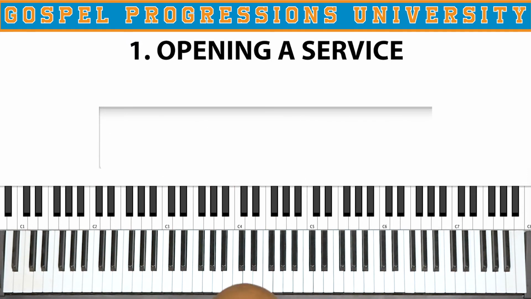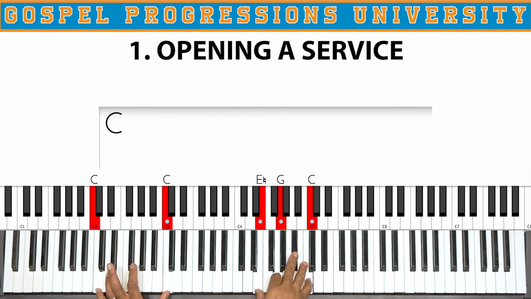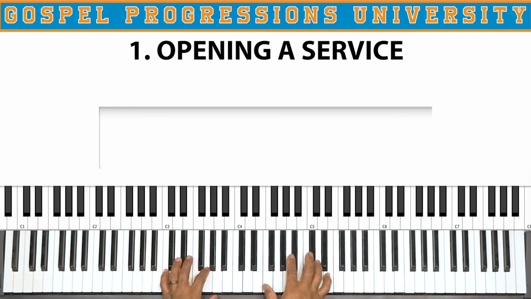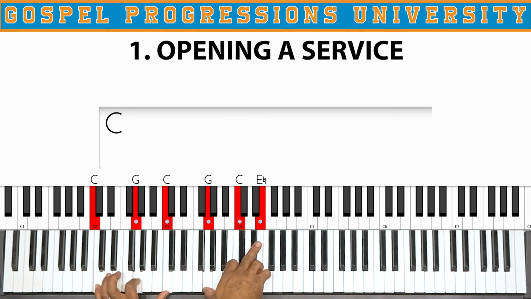What I'm doing there simply is just playing your Lydian mode, basically F major over C. That Lydian mode gives a majestic feel. So you can play that to give the singer the key center on where to start if you're starting your worship service. All right, so that's your opening a service.